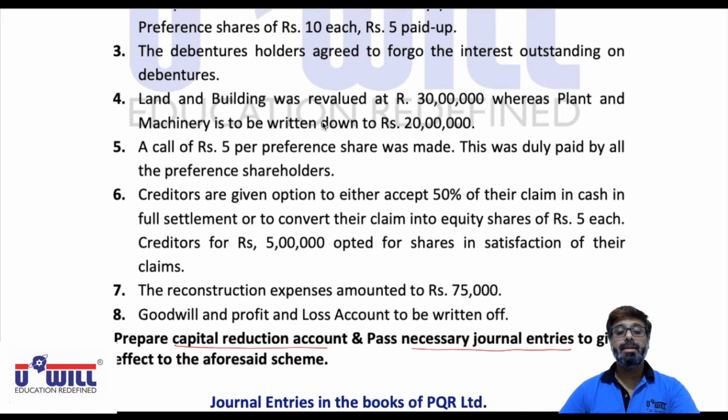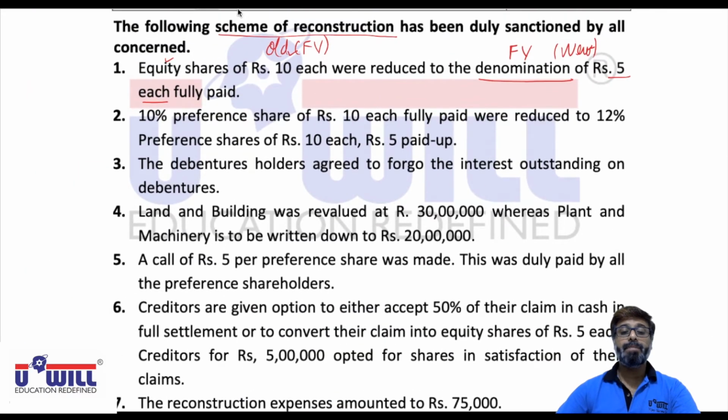Now, second, 10% preference shares of rupees 10 each, fully paid up, were reduced to 12%. From 10% the rate of dividend we are increasing to 12%. Preference shares of rupees 10 each, 5 paid up. Here face value is not changed. Paid up value is only changed.